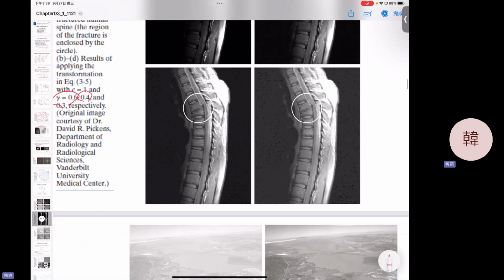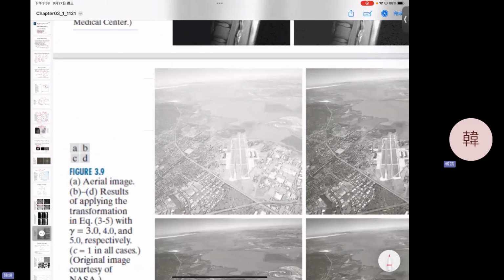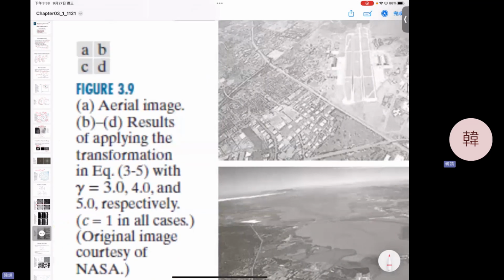Okay. How about this one? This is an aerial image, an aerial image from a satellite. When you take the image, it looks like this one. Immediately you know this is too bright. So how do you do it? If you want a very simple transformation, take the power law. Maybe you just set the number to 3, 4, 5.